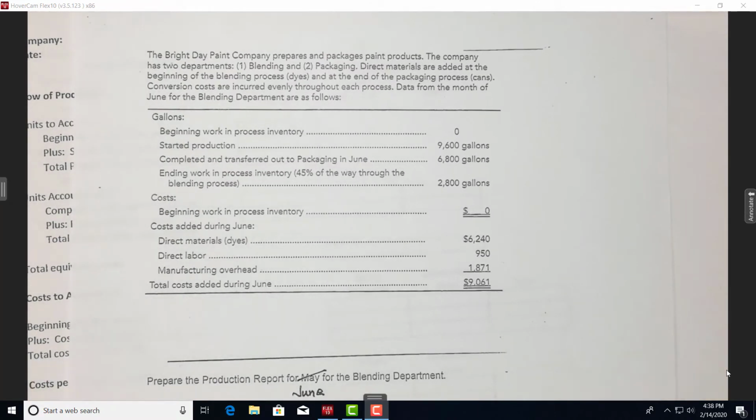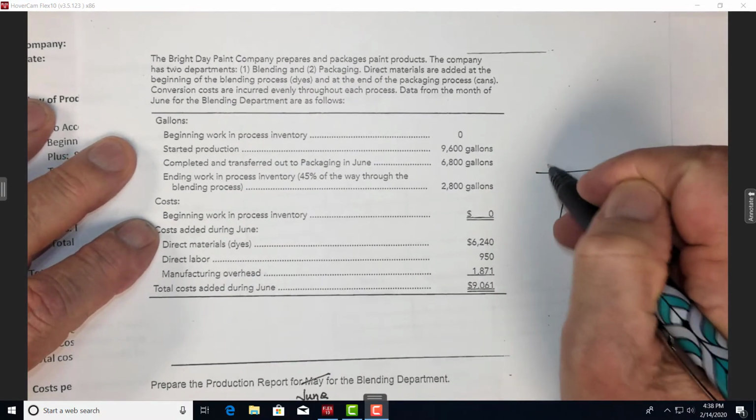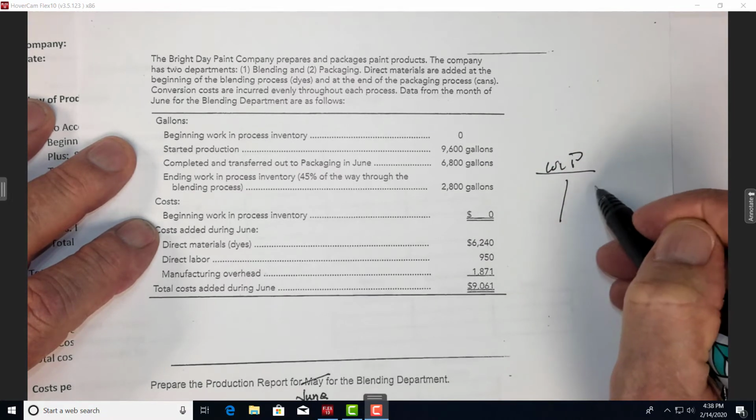Bright Day Painting Company prepares and packages paint products. The company has two departments, blending and packaging. What that means is it has two work-in-process departments.